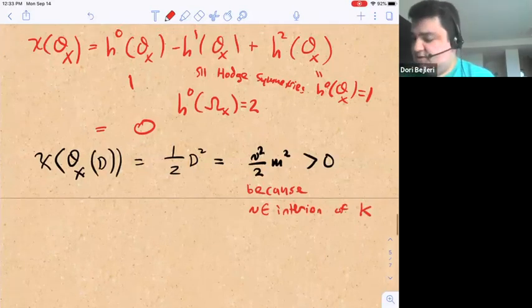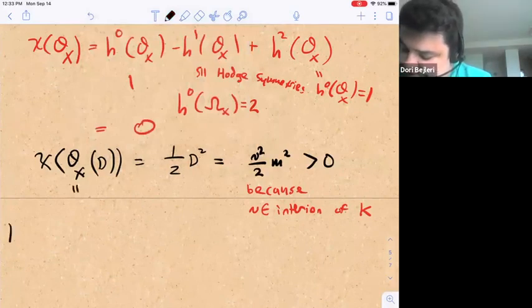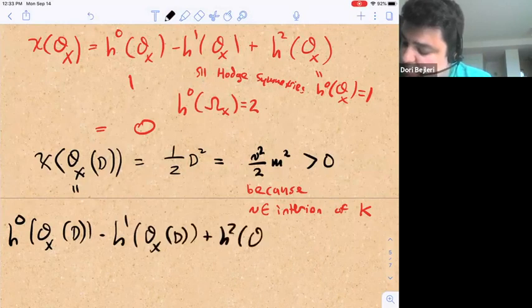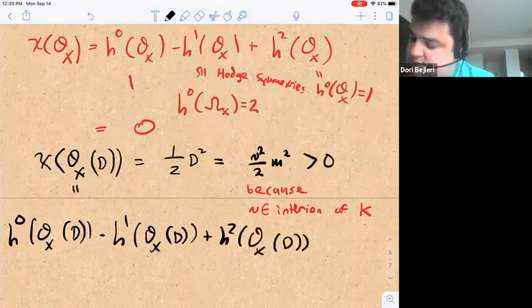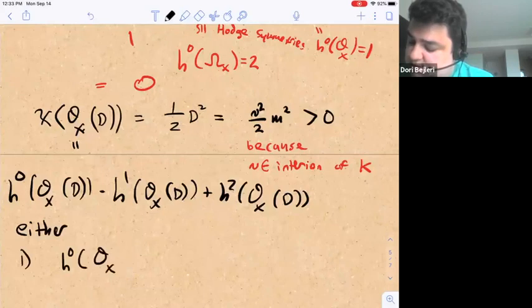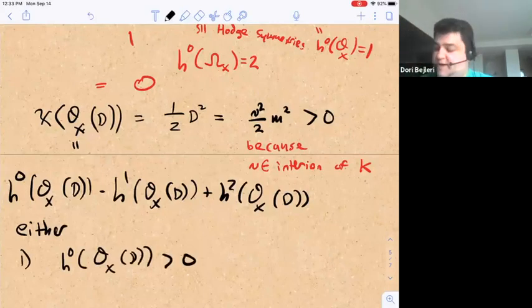Okay, but that tells us that if we write down the definition of this Euler characteristic, this is H0 OX of D minus H1 OX of D plus H2 OX of D. So this tells us that either H0 OX of D is positive, in which case we have a section.